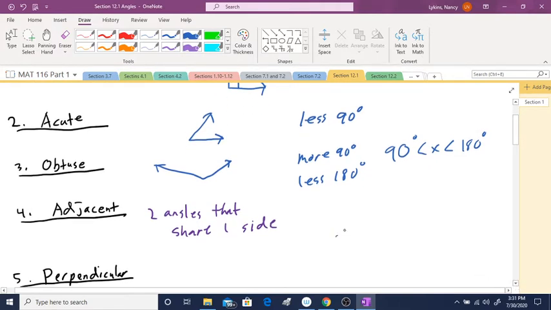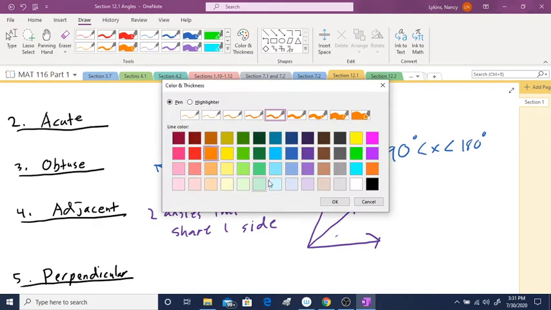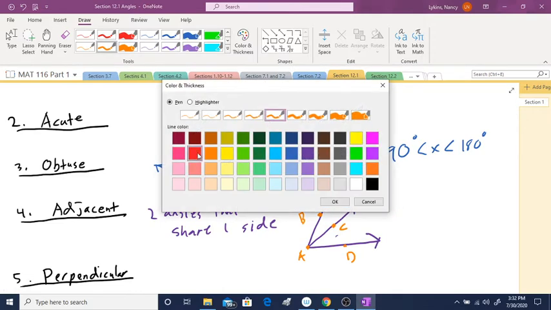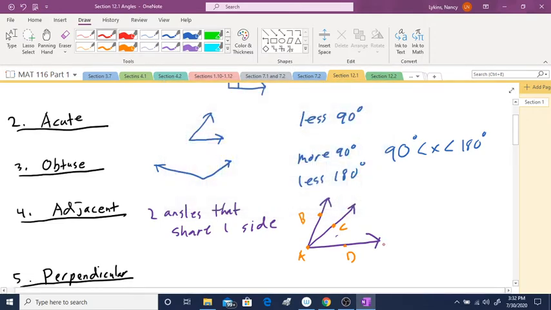So what I mean by this is if you have an angle, we want to say it's A, B, C, and D. And you've got right here angle 1 and angle 2.